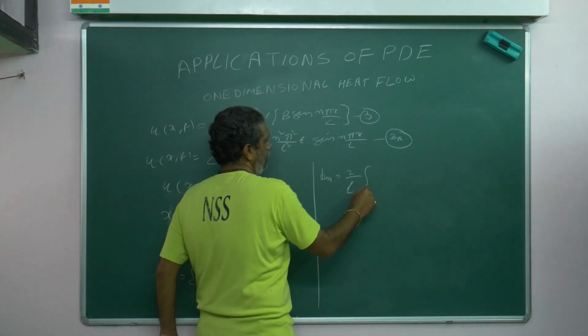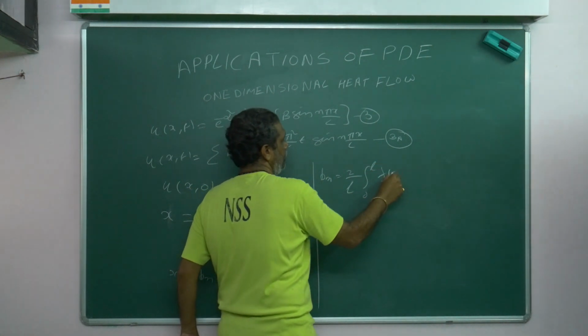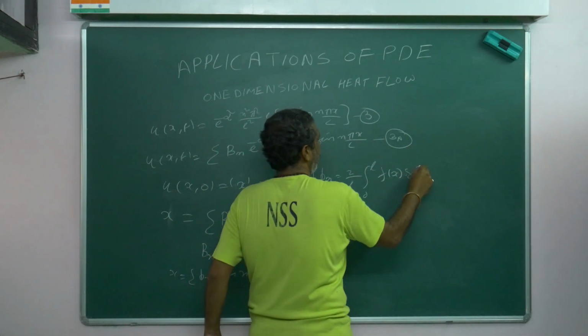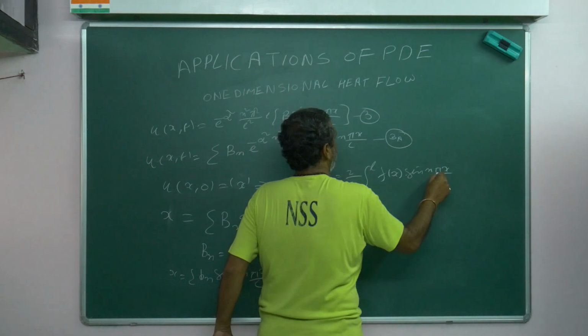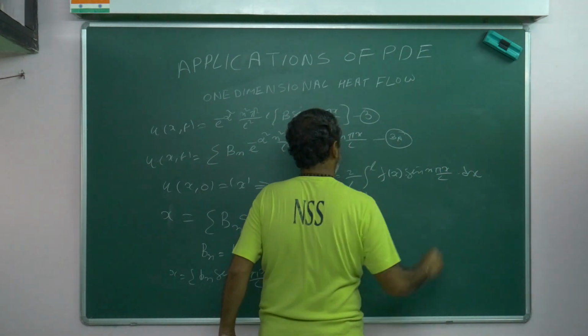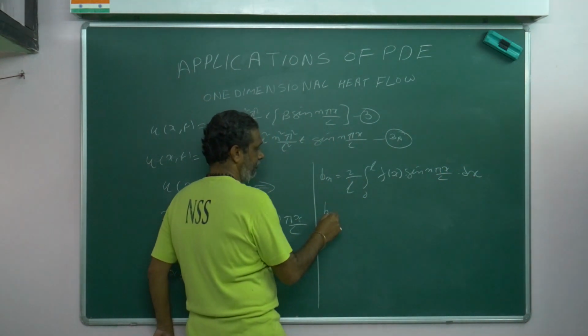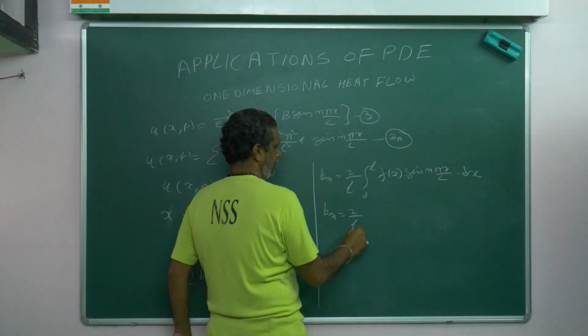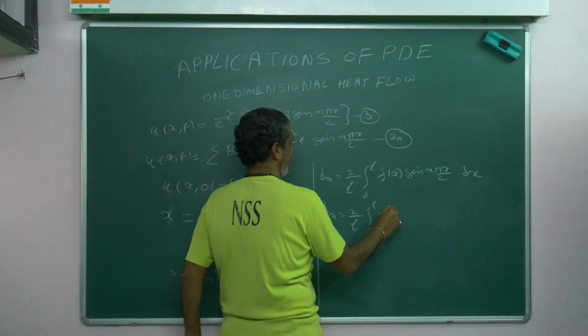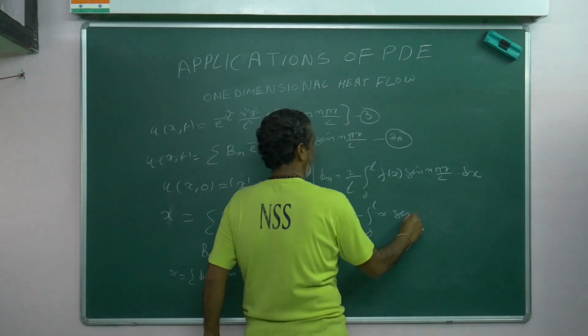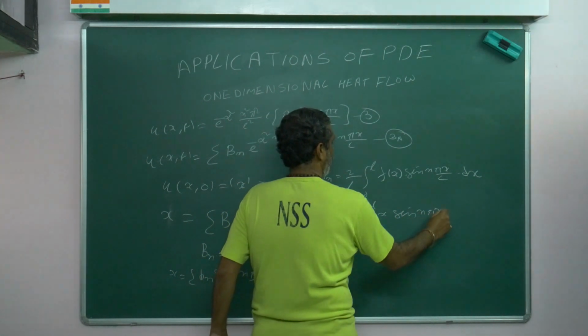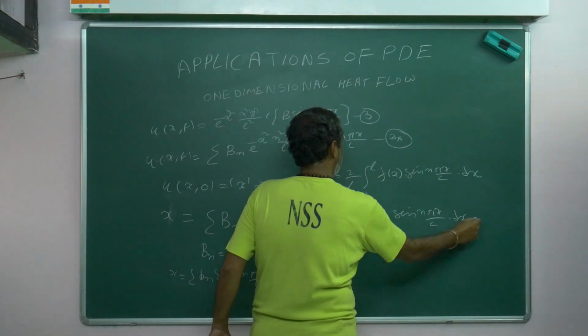Now what is my bn? bn is 2 by L integral 0 to L f of x sin n pi x by L dx. Now who is my f of x? It is x, so the integral of x sin n pi x by L dx.